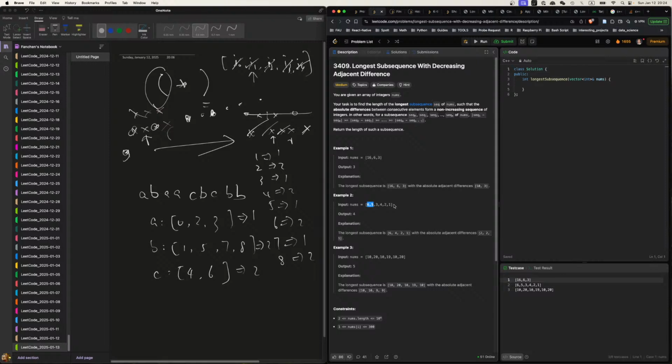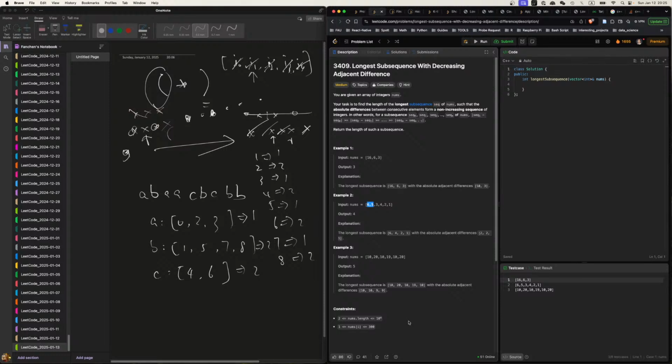Maybe DP, because I saw the constraints. These constraints kind of signify maybe some DP stuff. So could be DP[i][j].